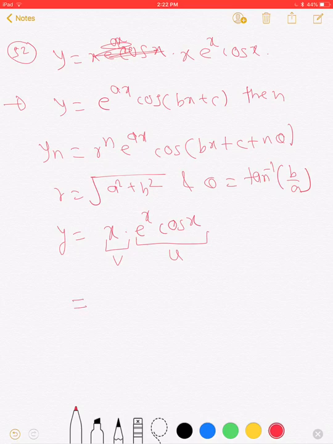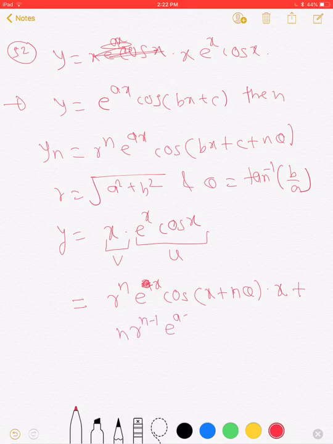So we know that the nth derivative of u is r raised to the n e raised to the x cos of (x plus n theta) into x, where the value of a is 1, so we are not writing it here, plus n into r raised to the n minus 1 e raised to the x, again the value of a is 1, so we are not writing it here, cos of (x plus (n minus 1) theta), here the derivative of x is 1 and in the next step it will vanish.